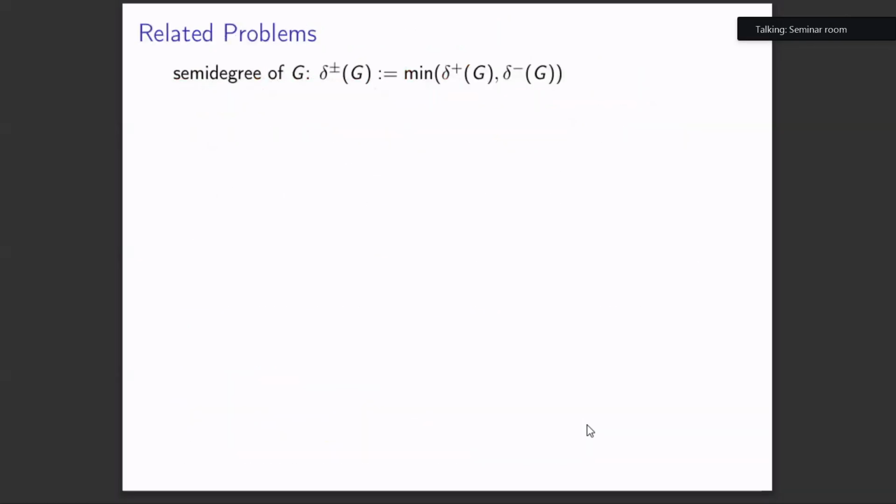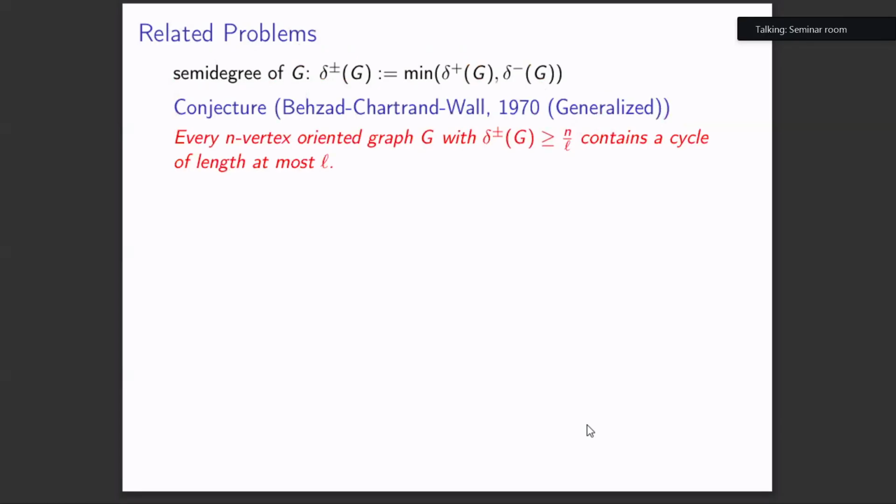Okay, let's discuss problems related to the Grzesik conjecture. We can consider semidegree, which is the minimum of the outdegree and indegree, and we can state a very related conjecture where, instead of outdegree, we put a stronger statement about semidegree.